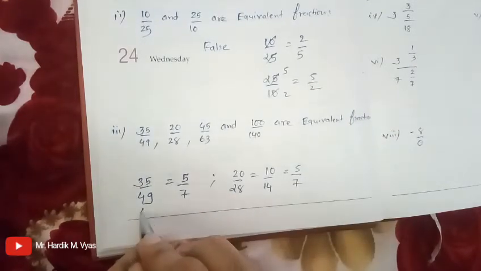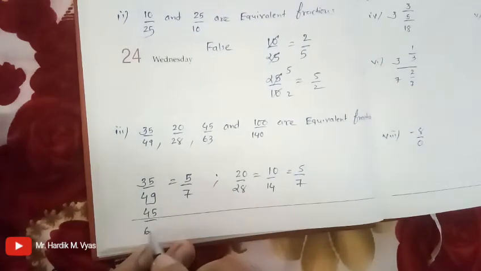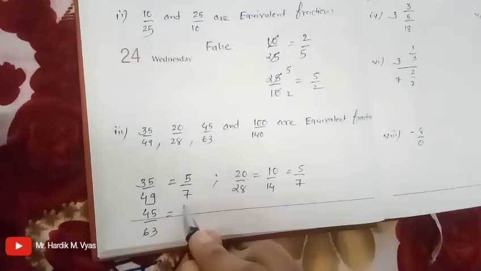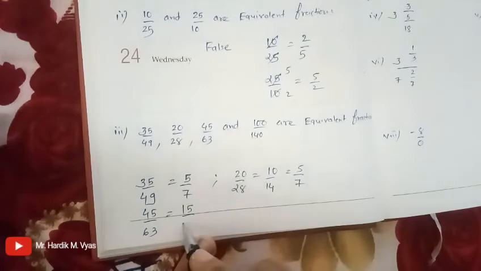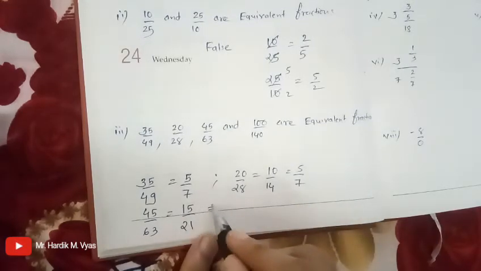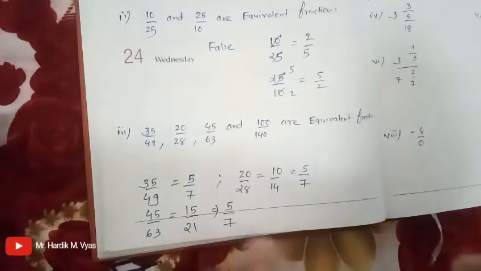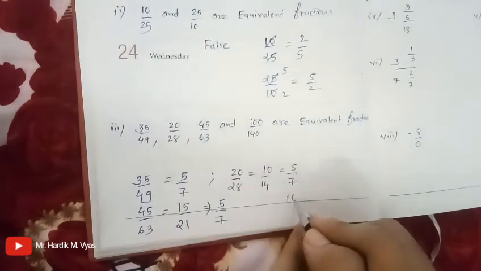Okay, 45 upon 63: 3 15s are, 3 21s are, then 3 5s are, 3 7s are. So this also converts into the 5 upon 7 form.